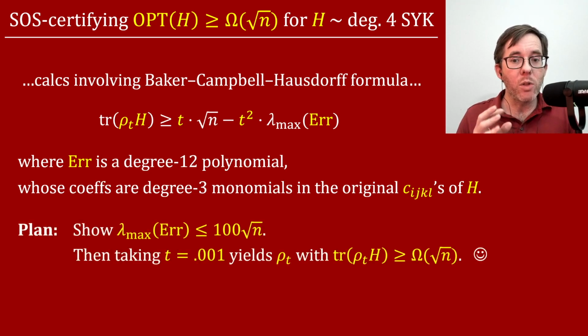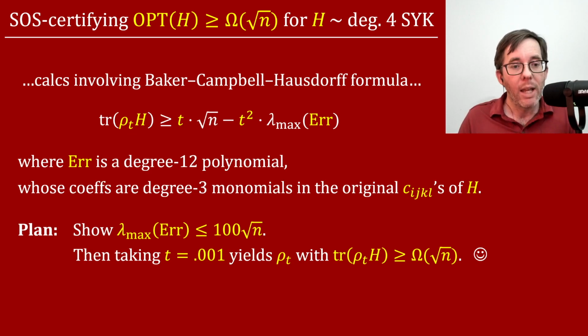What we now want to do is prove that the maximum eigenvalue of this error polynomial is at most something like 100 square root n. If we can do this, then by taking t suitably small, like 0.001 or something, we get, as a consequence, that opt h is at least big omega of square root n, as desired.